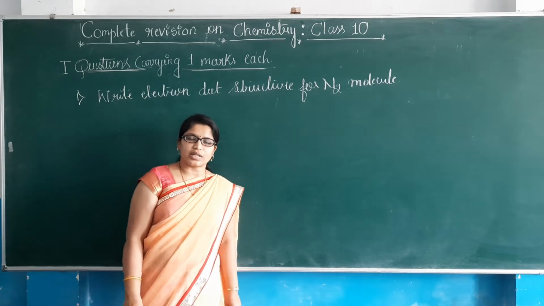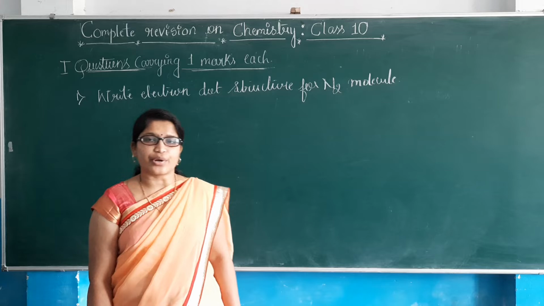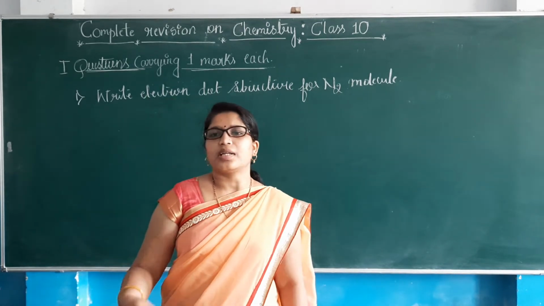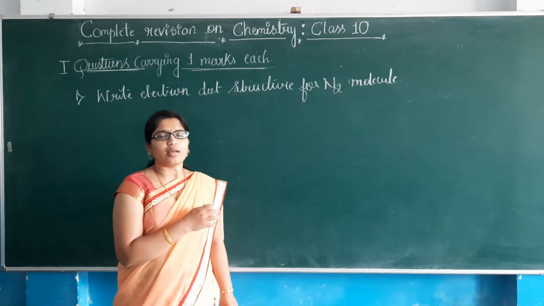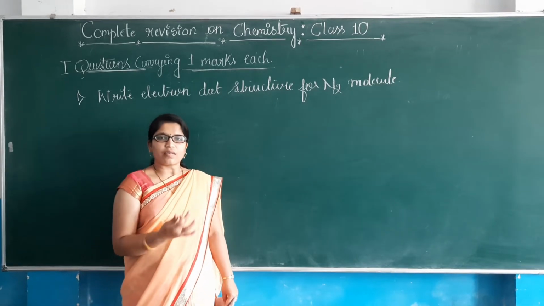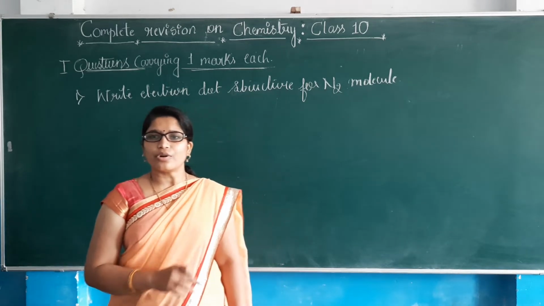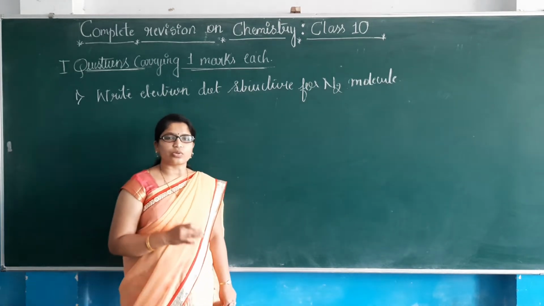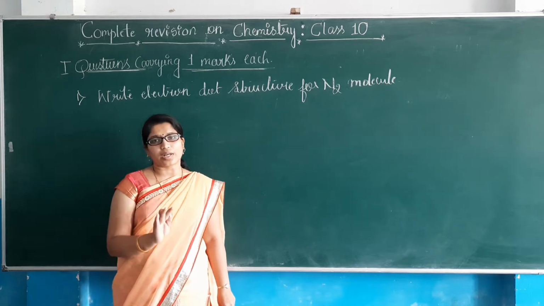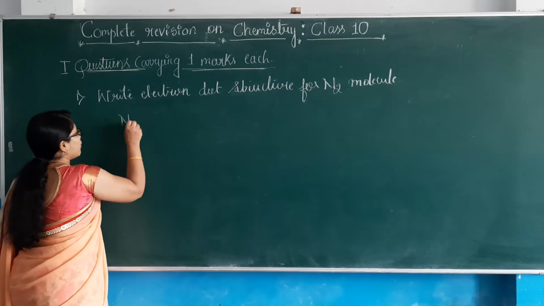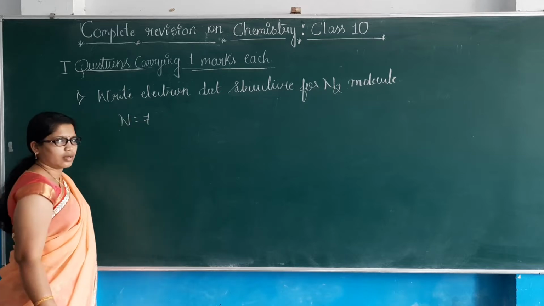Let us first consider how many valence electrons are present. Once we write the lone pair of electrons, that is the outermost electrons, they will be shared. While sharing, we can have a complete electron dot structure for the nitrogen molecule. As well, we are supposed to consider that the octet must be complete. So we know that nitrogen has atomic number 7, right?